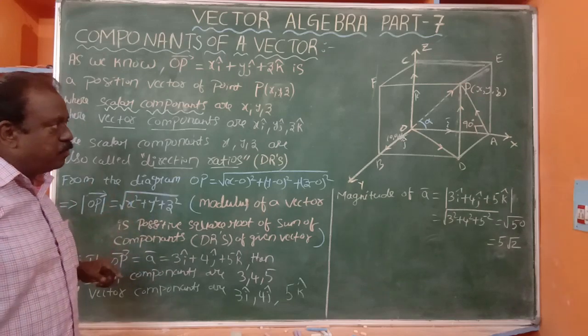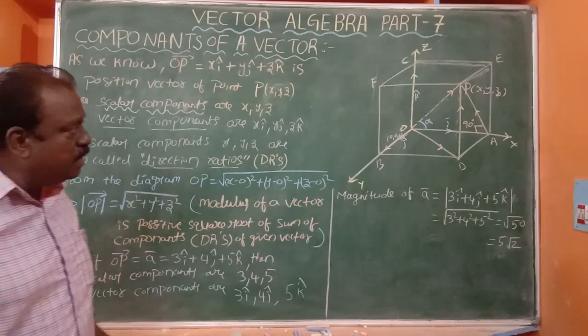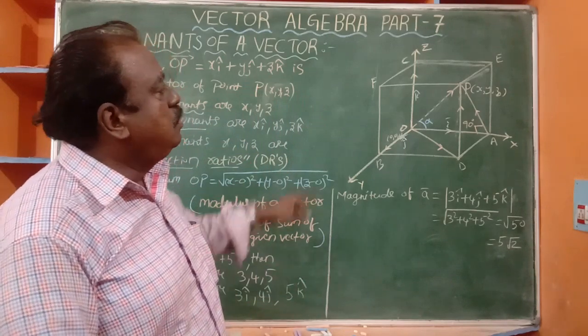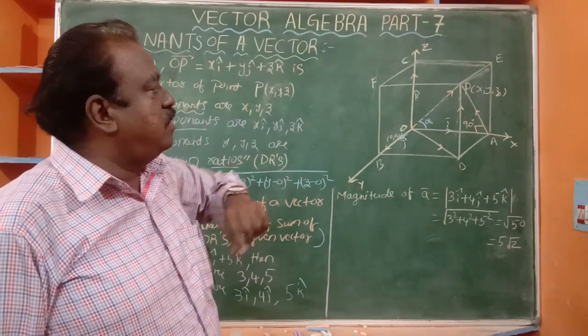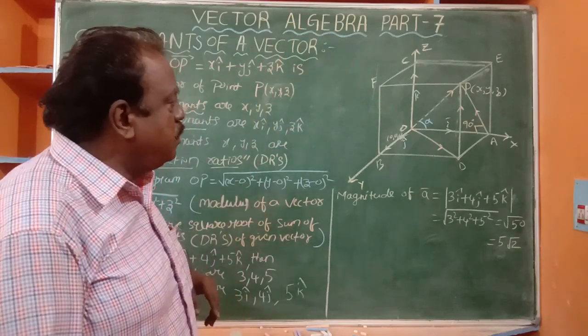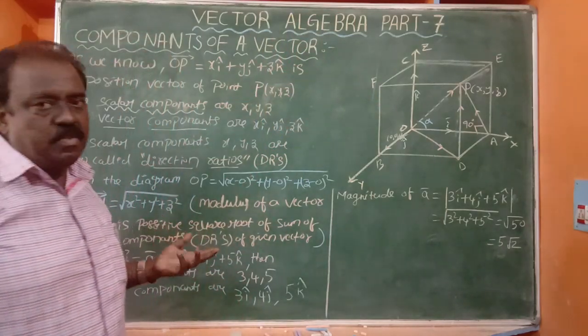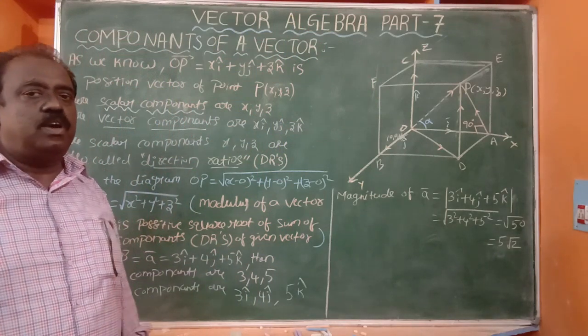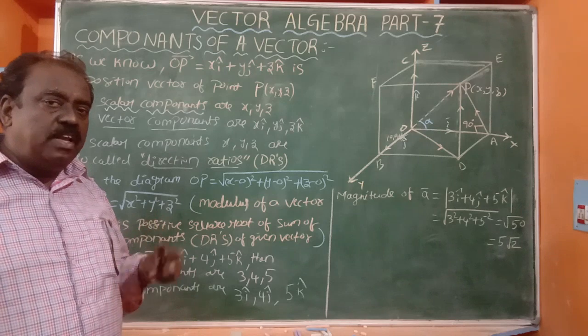And one more thing. You see in that diagram, O is the origin 0, 0, 0 and P is any point in space. Then what is the distance between O and P? The distance is the square root of (x2 minus x1) whole square plus (y2 minus y1) whole square. It is known in two-dimensional geometry.